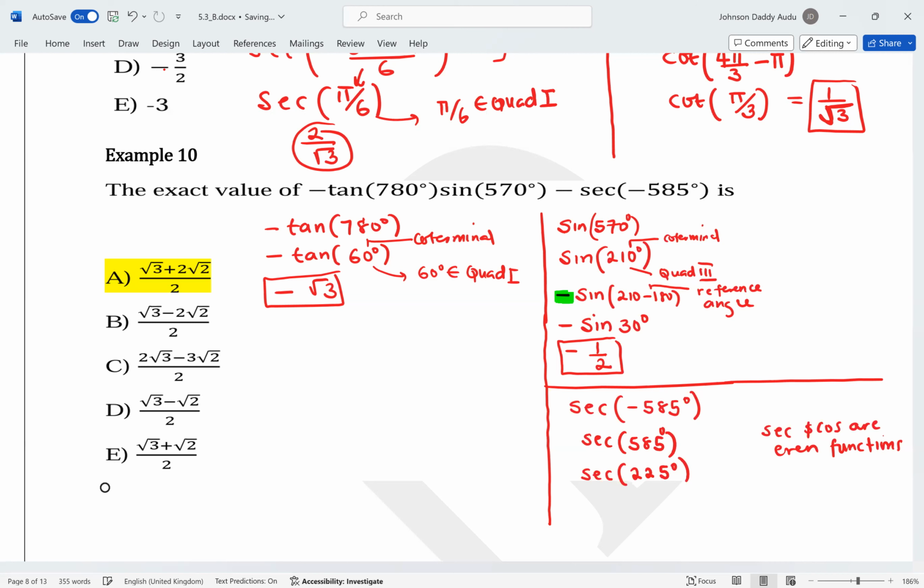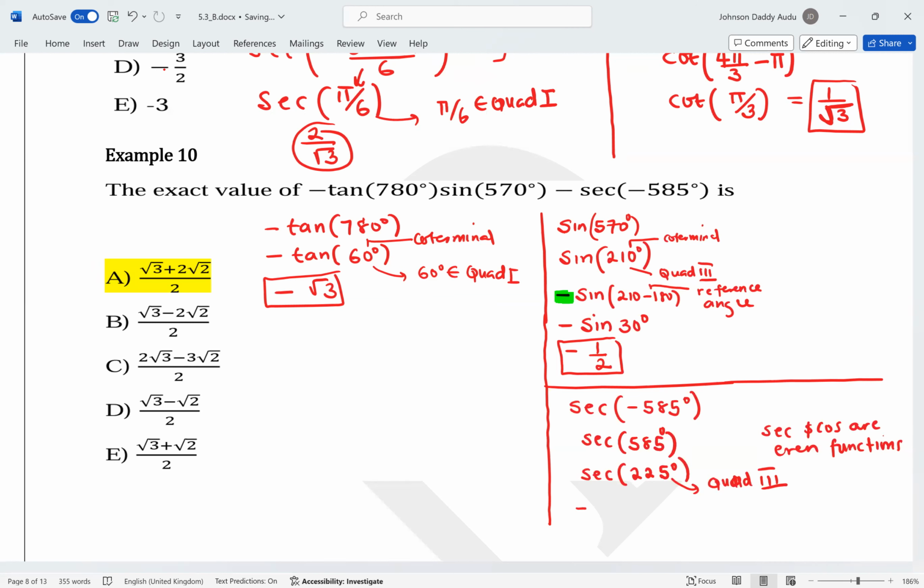Now that we have 225, we know that 225 is in quadrant number 3. Since it's in quadrant number 3, we know that sec is negative.